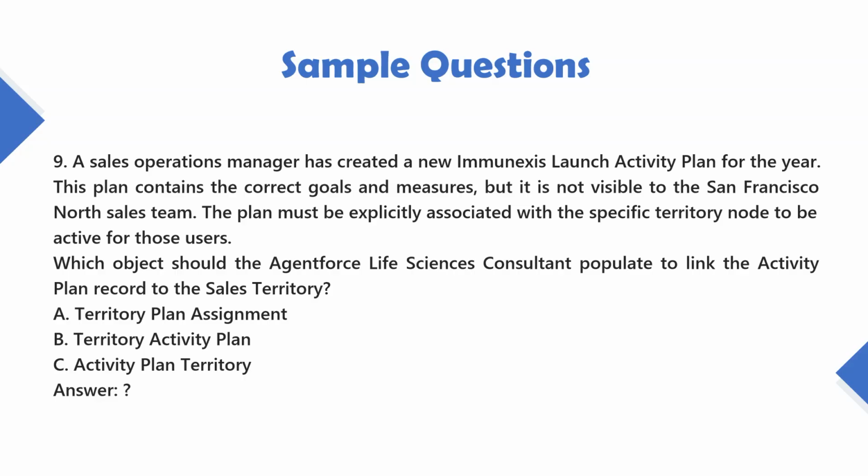Which object should the Agentforce Life Sciences consultant populate to link the activity plan record to the sales territory? A. Territory Plan Assignment. B. Territory Activity Plan. C. Activity Plan Territory.